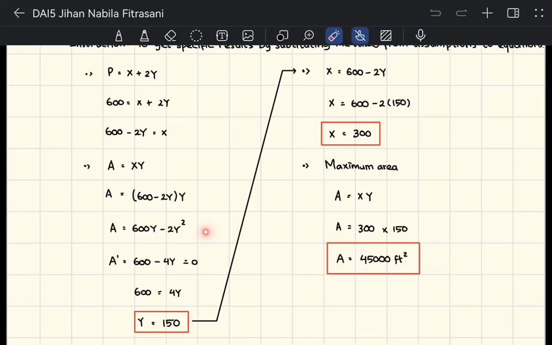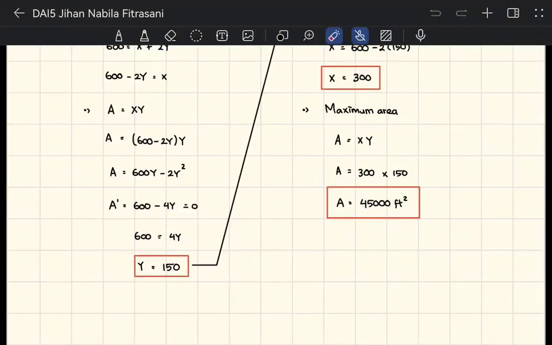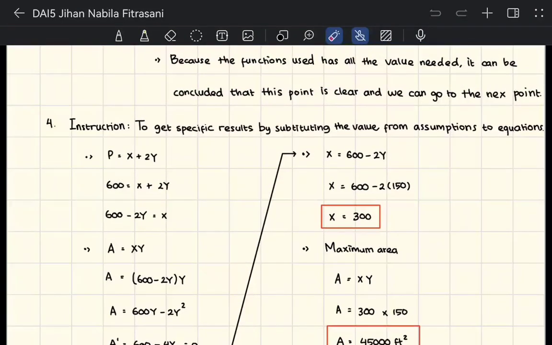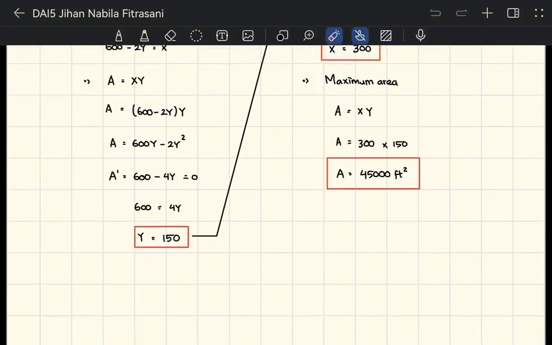Then we will differentiate this to get the specific value of y. The derivative will be 600 minus 4y, and we set it equal to 0, so 600 equals 4y, and y will be 600 divided by 4, which is 150. So we get the specific value of y, which is 150 feet.